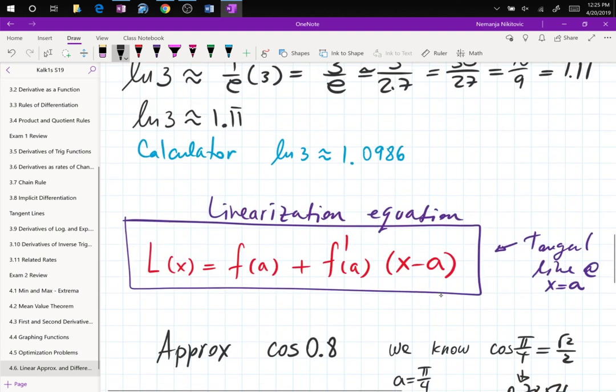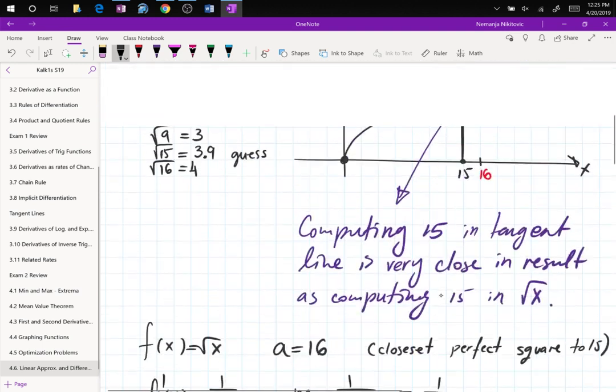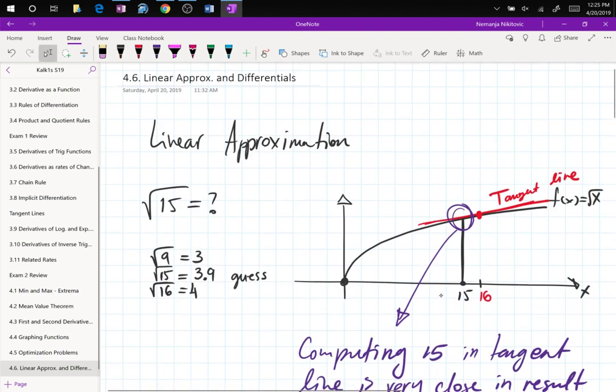So that's our linear approximation. And what linear approximation does is approximate the value. You don't want to compute ln3, fine. Find the tangent line and approximate ln3. Each one of these was find the tangent line. We are approximating the value by using the tangent line calculation.